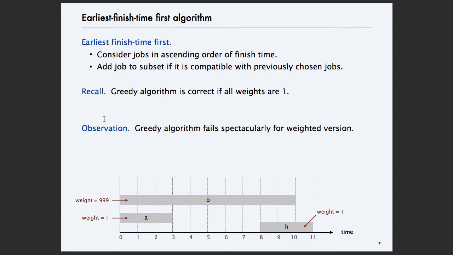If all weights are 1, then the greedy algorithm works. We chose the one that ends earliest, and that's gonna eliminate fewer, right? But in this case, if we had different weights, like B was weighted 999, the greedy algorithm would really suck, would get us a terrible weight, right?